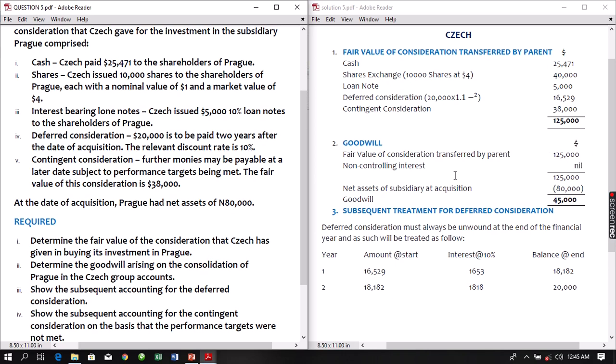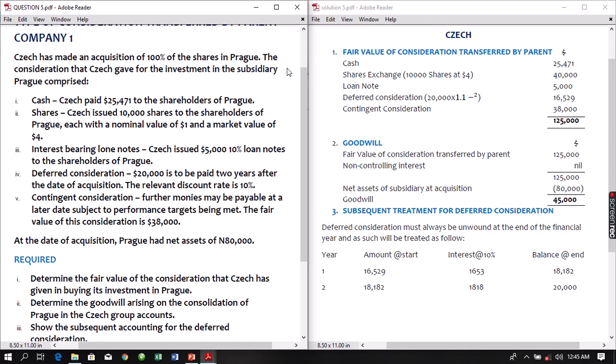But don't forget, as we are told in this question at the beginning, we are told that Czech has made an acquisition of 100% of shares in Prague. This is a wholly owned subsidiary. So if this is 100% holding company, automatically there won't be non-controlling interest. My non-controlling interest is nil. So adding it together give me 125,000.